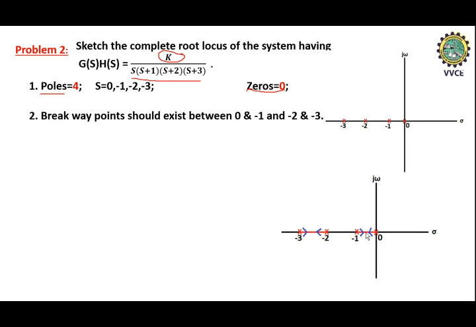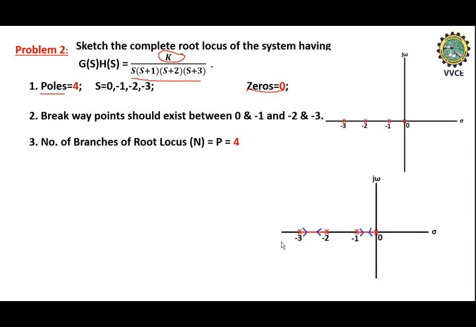That meeting point or intersection point of any two poles is called a breakaway point. So a breakaway point must be valid if it is present between 0 and minus 1 and between minus 2 and minus 3.